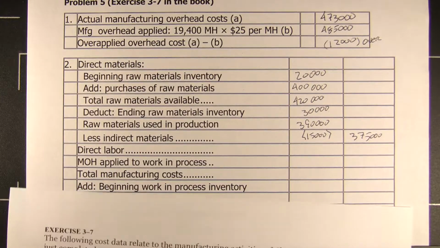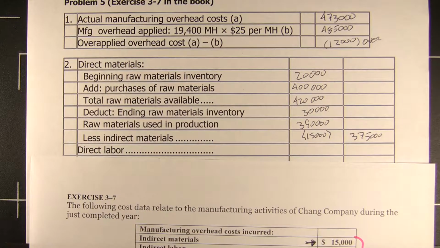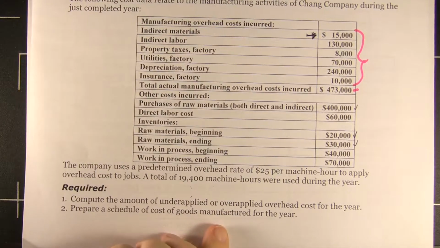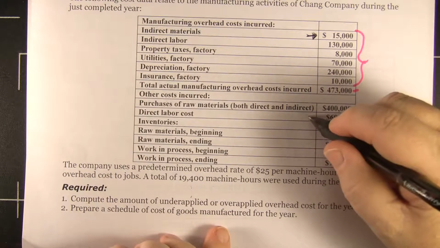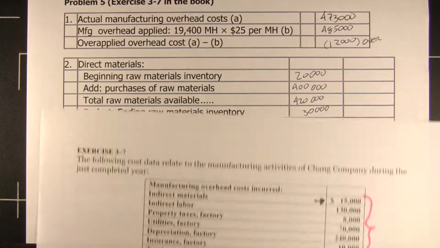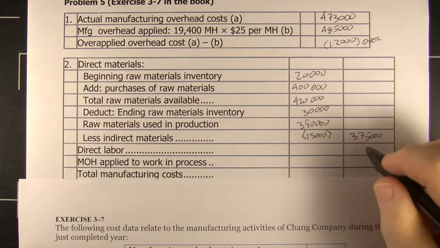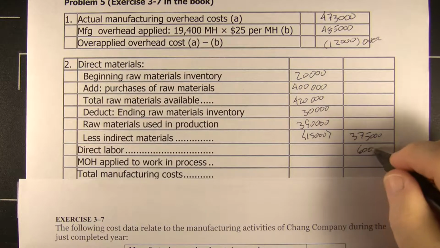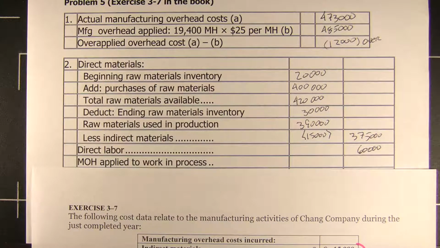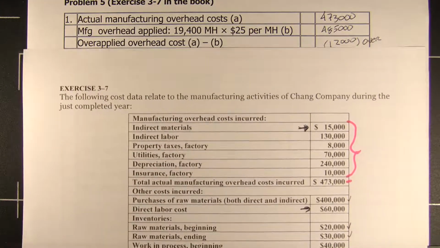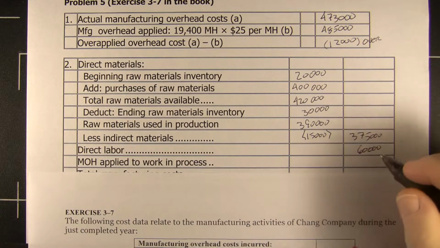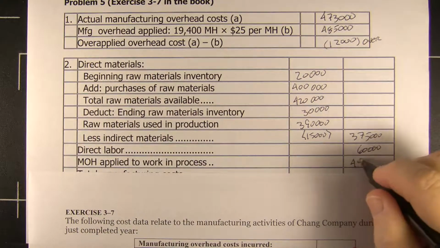Now, our direct labor, they give us direct labor, 60,000. Our manufacturing overhead applied, that's what we figured out up here, 485.